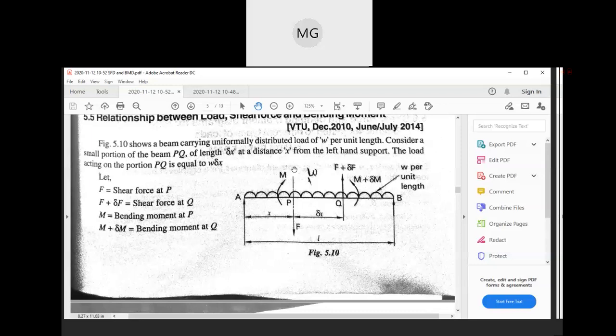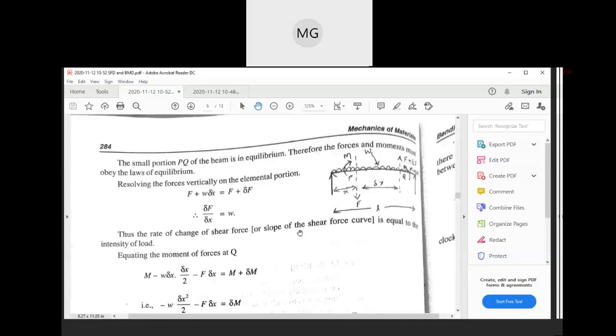Okay, sagging, so that is positive bending moment. And there is a force acting, so force into dx. The moment or couple is load into this side, so the beam will bend downward. So that is hogging, and hogging is a negative bending moment. So that is minus F dx.